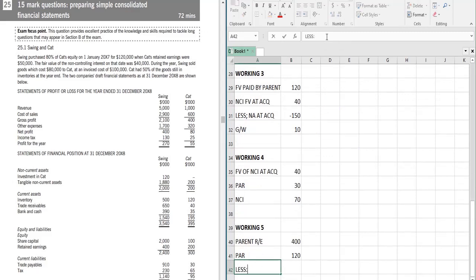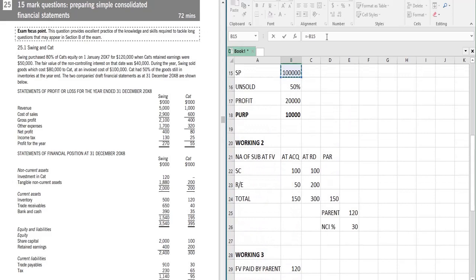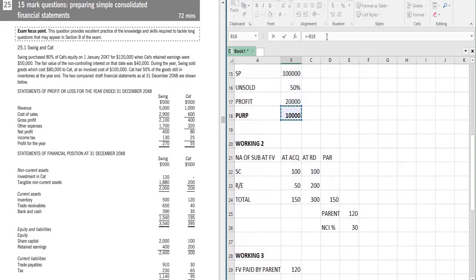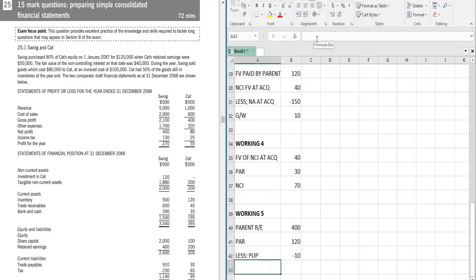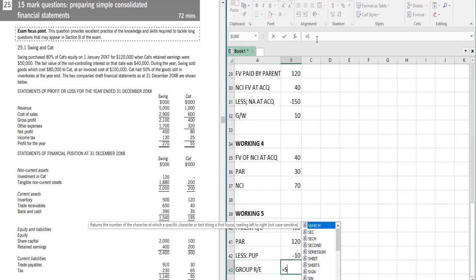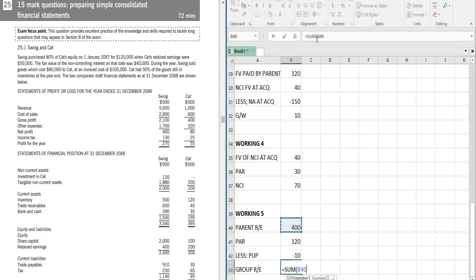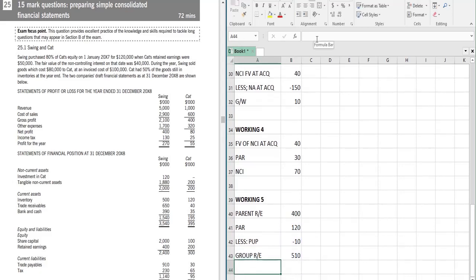Yeah, the PUP amount, which the parent sold to the subsidiary, some goods during the period, and we calculated the PUP amount. So we will take 30 common. So group retained earning equals 510.